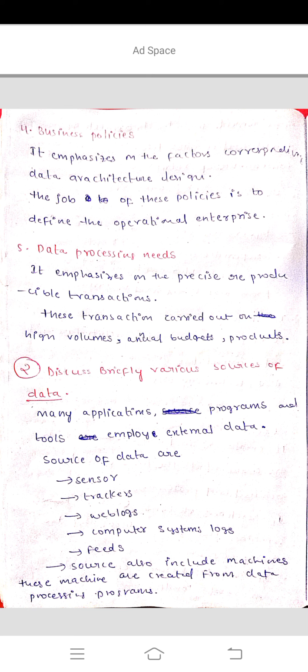Discuss briefly various sources of data. So we have to discuss the various sources of data. Many applications, programs and tools employ internal and external data.